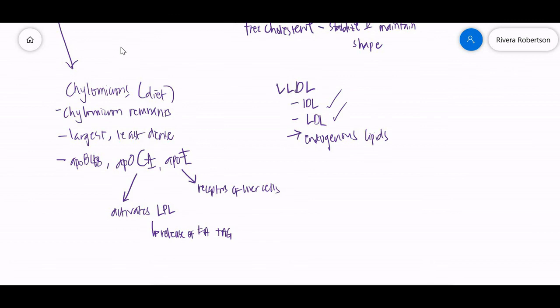Now, they are produced in the liver and then it will eventually be transported into the blood and then into the tissues such as your smooth muscles, your cardiac muscle, and your adipose tissue, as well as your mammary tissue.